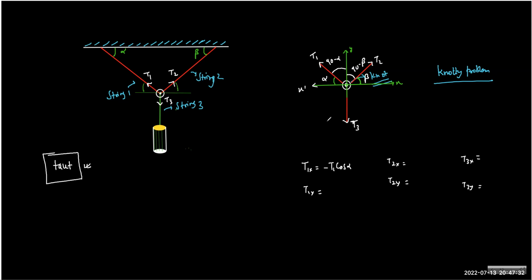Yes, sir. So whenever you see the angle with the opposite direction, take the answer, put a minus sign. That's totally okay. If they're opposite, just change it. So that's how we represent it mathematically. So what is T1y? Minus T1 sin alpha. T1y. The nearest direction is y only, no?